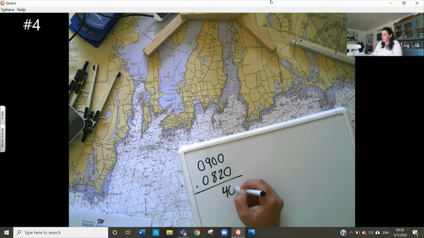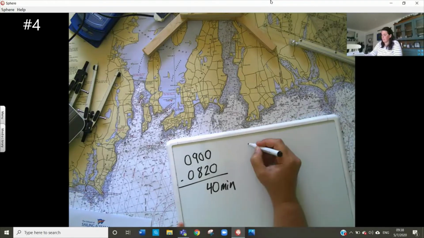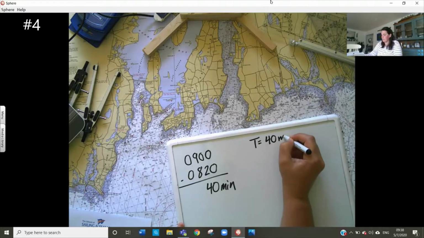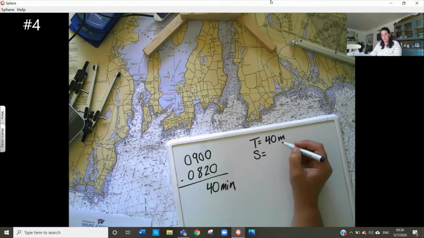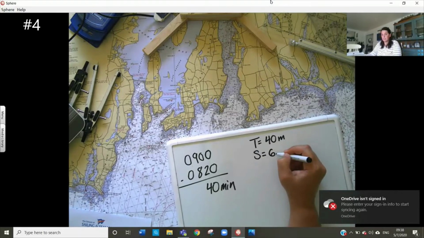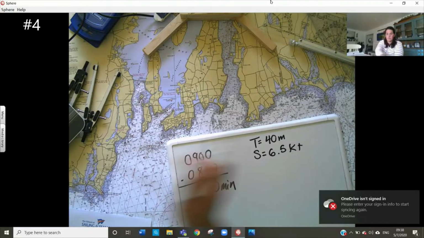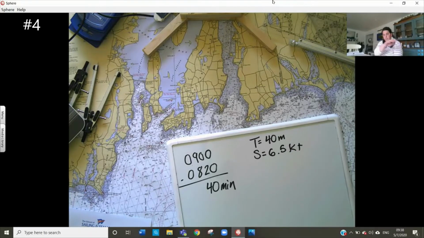That's 40 minutes. So now I have my time of 40 minutes. My speed was given to us in the problem at 6.5 knots. And our distance is what we're looking for, so we can plot our DR line.